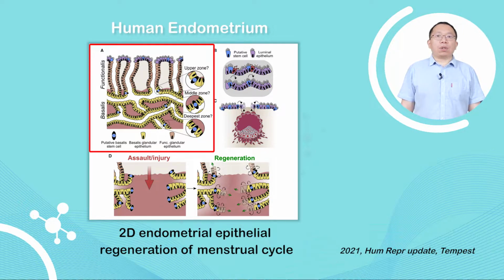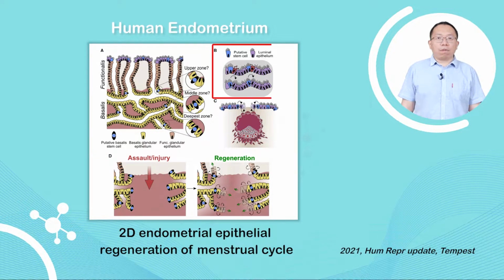This picture shows the proposed endometrial epithelium regeneration. Figure A shows a 2D schematic of the full-thickness endometrium, highlighting the potential locations of epithelial stem or progenitor cells within the different zones of the basalis. Figure B shows the maintenance of the luminal epithelium by resident stem or progenitor cells following the daily shedding, desquamation events and blastocyst implantation.